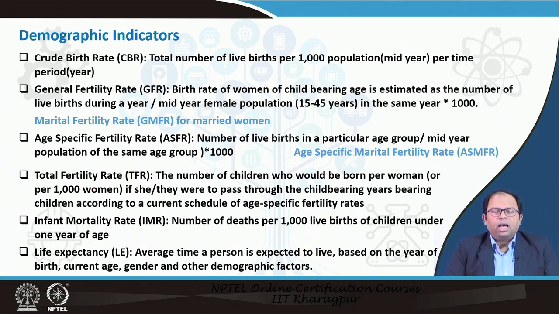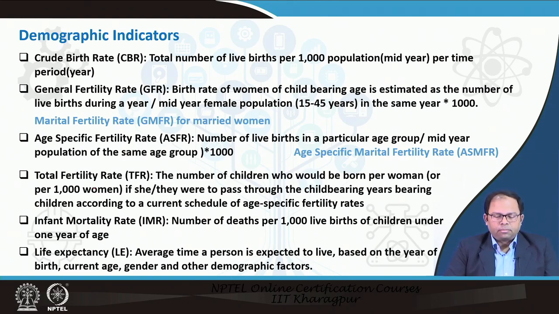And when a woman passes through the entire childbearing years from 15 to 45 and is surviving during the entire period, the total number of children who could be born during that period is the total fertility rate. And then comes infant mortality rate, that is the number of deaths per 1,000 live births of children under 1 year of age.